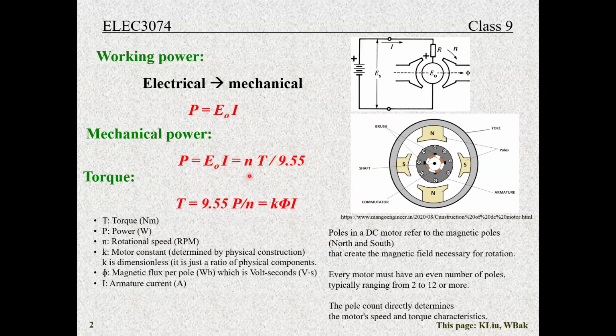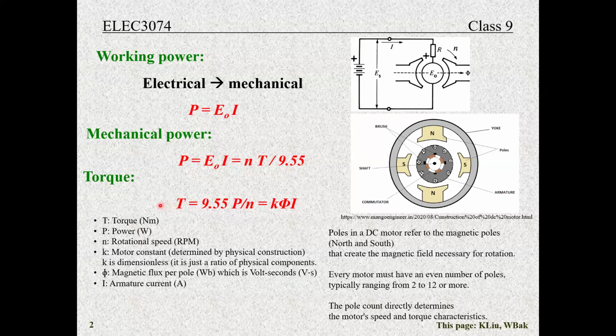Then also we have that famous formula, which is the speed times torque over 9.55. We went over that last time we saw each other online.